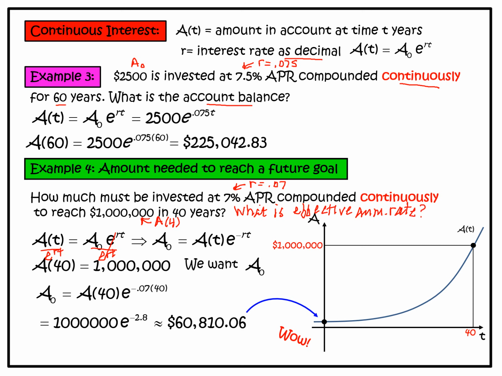So 7% is the annual percentage rate. That's what we call the nominal rate. But the effective annual rate is saying if you start with $1, how much interest do you earn in 1 year on this curve? So we're going to start here at time 0, and we're going to go out to time 1. So we're going to go up and over and find that amount and how much of that is interest.